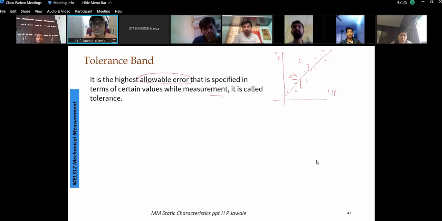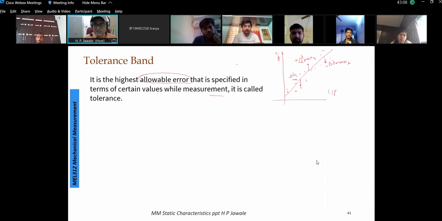So wherever del maximum is going to occur on either side of the line, say del max above the line, and there can be something del max below the line. I'll call this del max 1 and del max 2. Then I can very clearly say that the tolerance band is plus this value and minus this value.